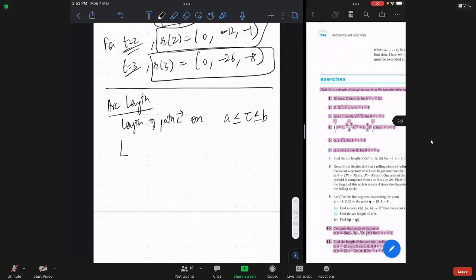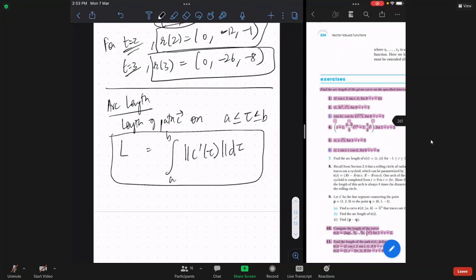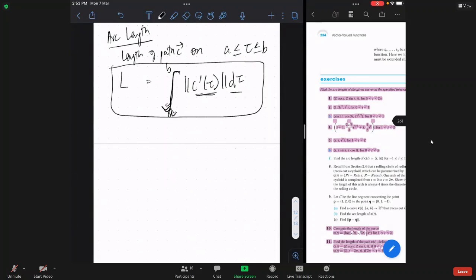It is denoted as the integral from a to b of the modulus of c dash of tau d tau. You're finding the velocity, c dash of tau, and taking its modulus, which becomes the speed. Then you integrate that speed over the path from interval a to b that's given in your question. That's basically your arc length.